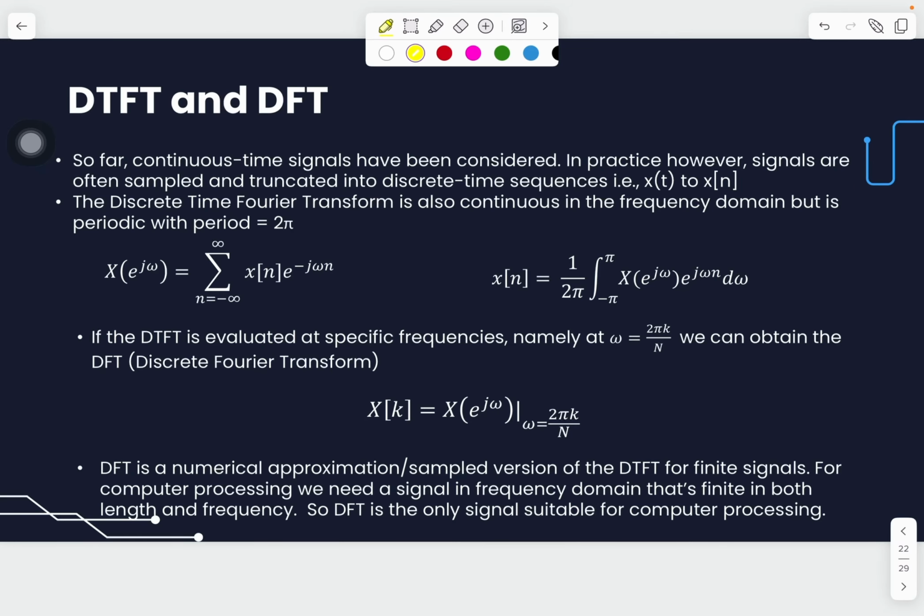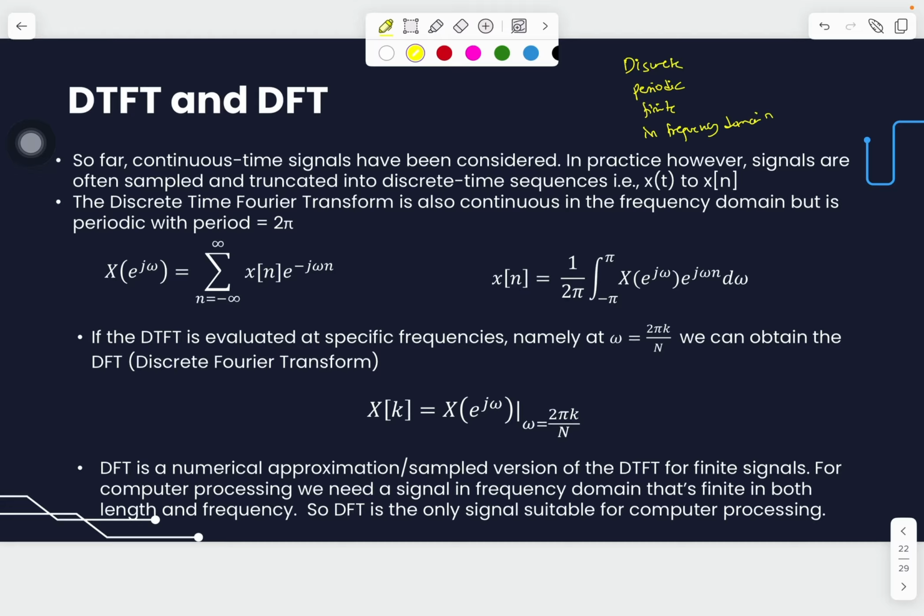Okay, this is the last topic in this session, which is the DTFT and DFT. So far we only considered continuous time signals, but in reality we mostly use discrete signals, especially for computer processing. For computer processing we need a signal that's discrete, periodic, and finite in the frequency domain.